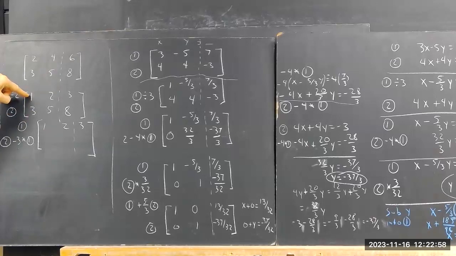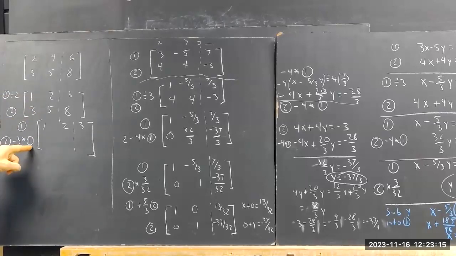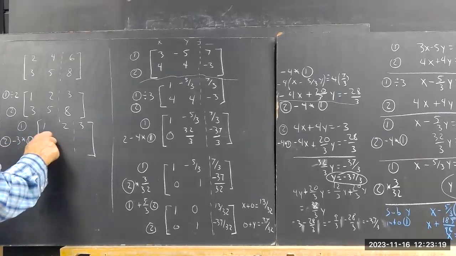So if I do minus 3 times this number, I get negative 3. What's 3 and negative 3? Well, 3 and negative 3 is 0. Okay, it's negative 2 minus 3 times 1, right? Okay, so I'm going to get 0.